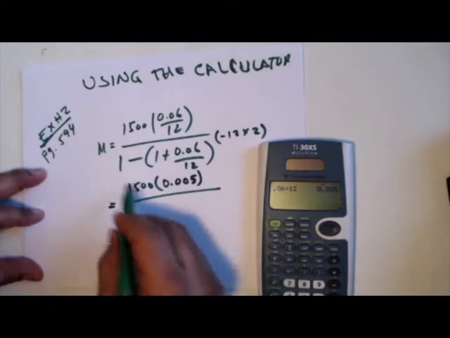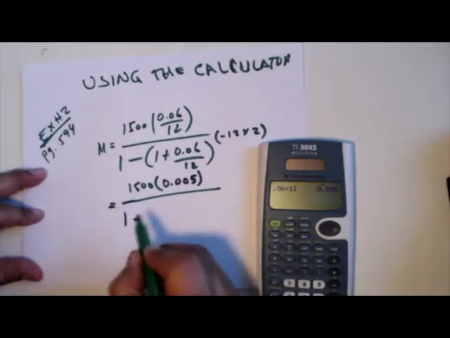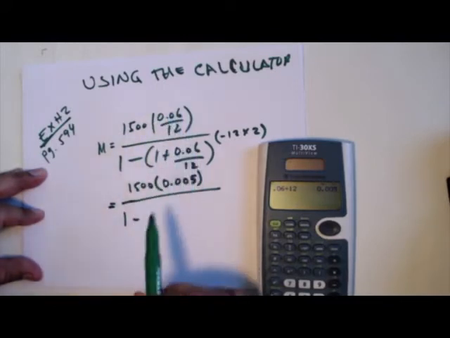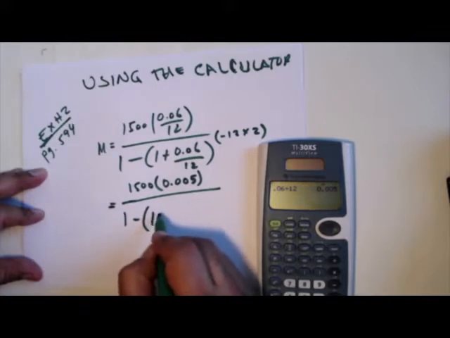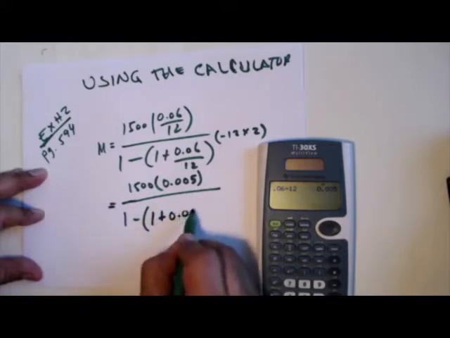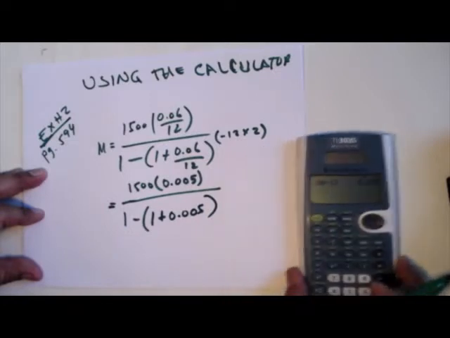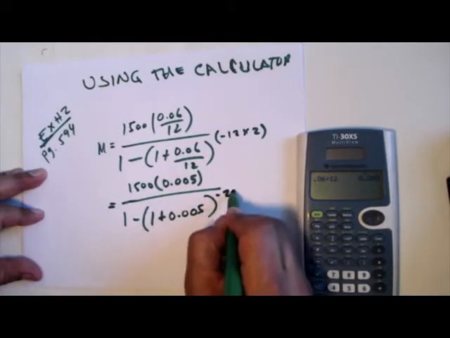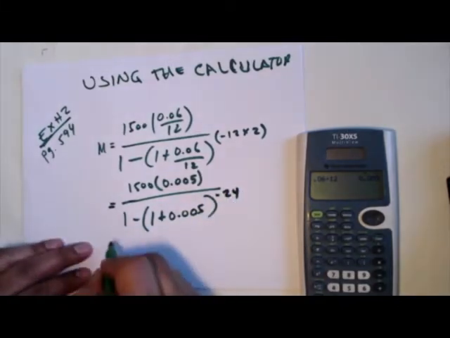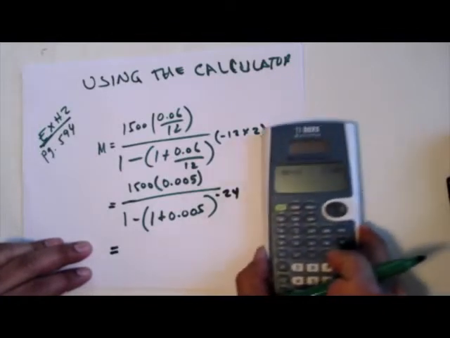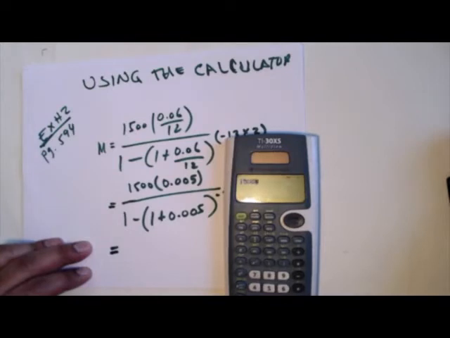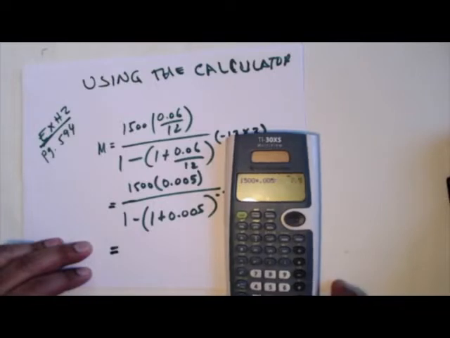The next thing that we need to do, down here, is 1 minus, and we already know that this number is the same as this one, so this will be 1 plus 0.005, and this number has to be raised to the power of minus 24. So what is that equal to? It will be 1,500 times 0.005, enter. So we get 7.5 here.